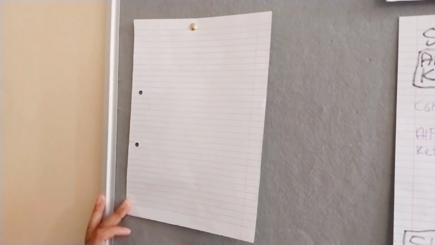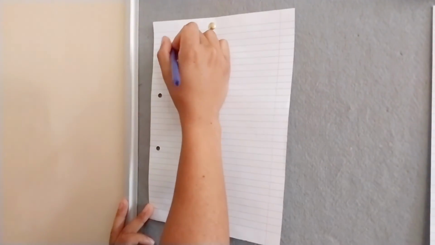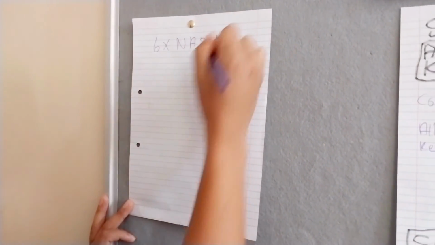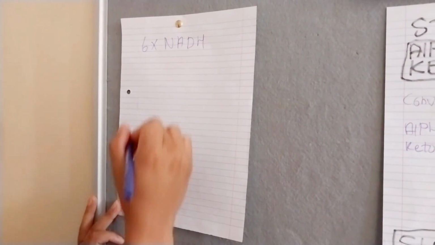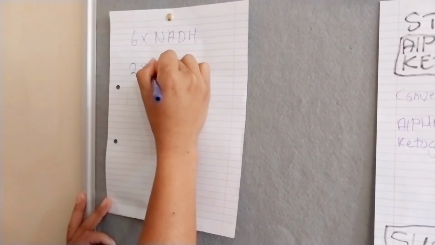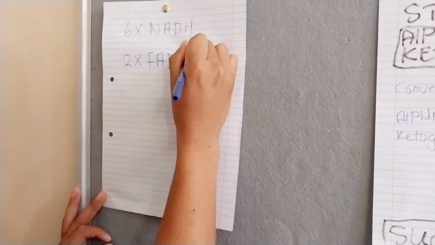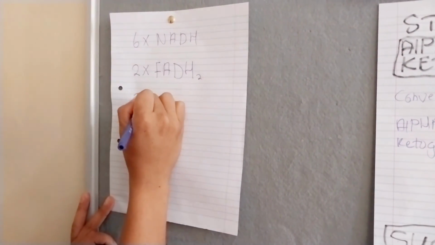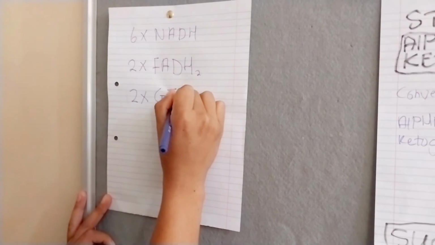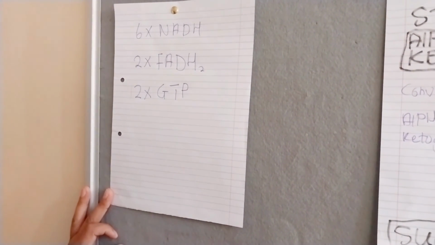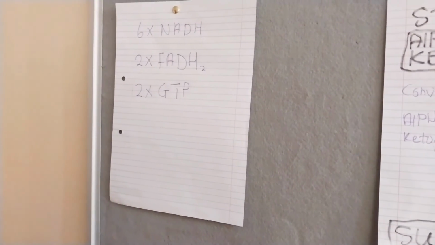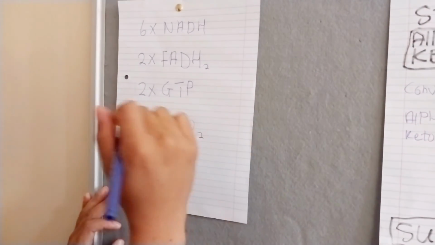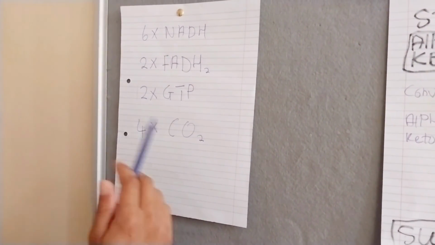So what we get from the Krebs cycle is a production of 6 NADH, and we also get 2 FADH2, and we also get 2 GTP molecules, and we also get 4 carbon dioxide compounds.